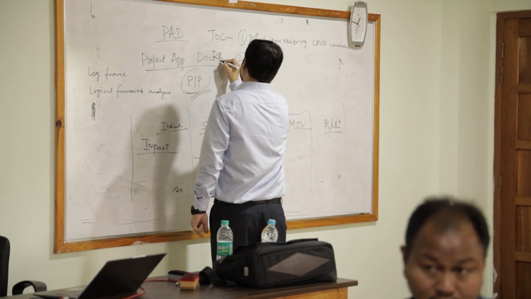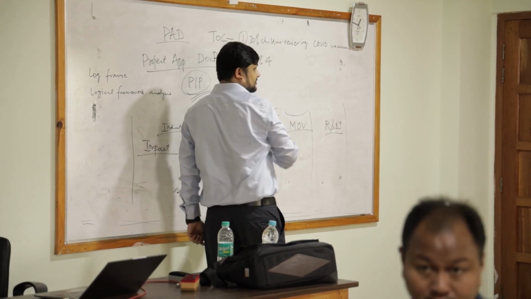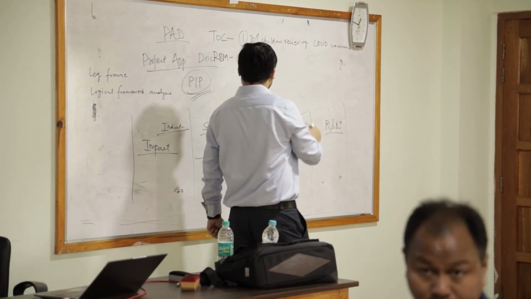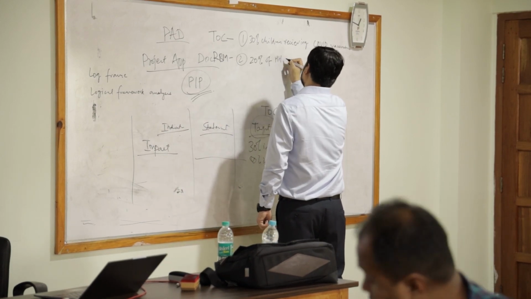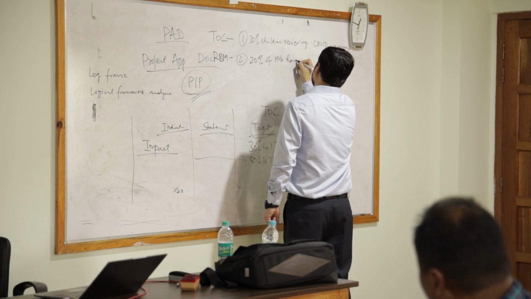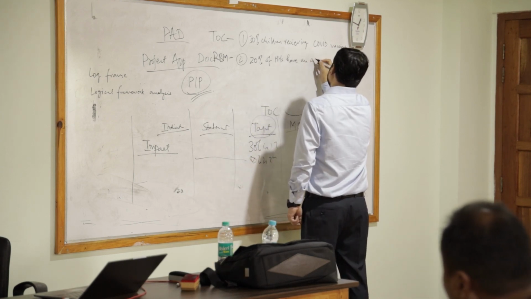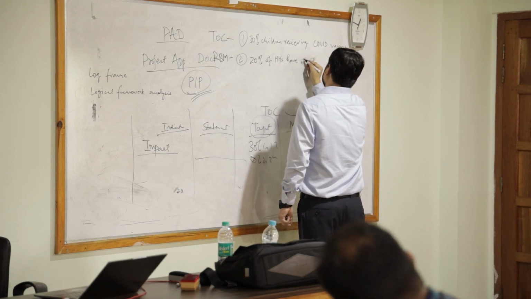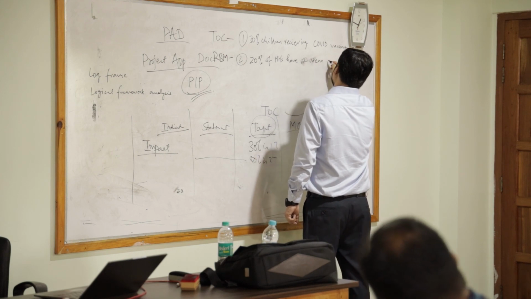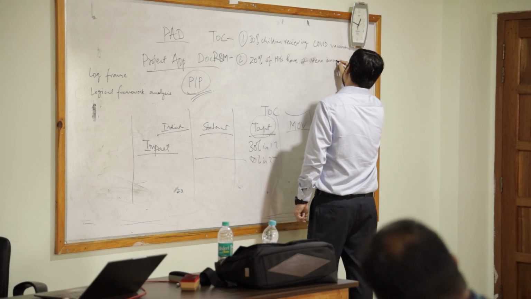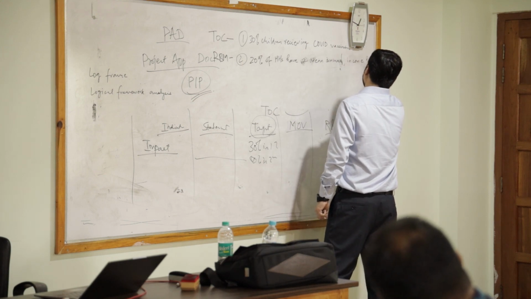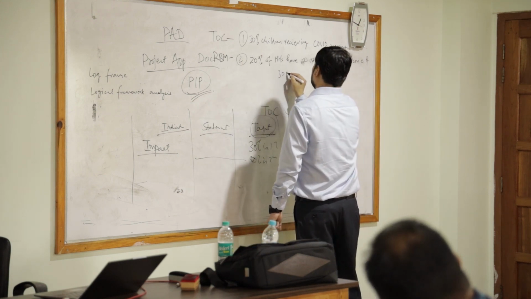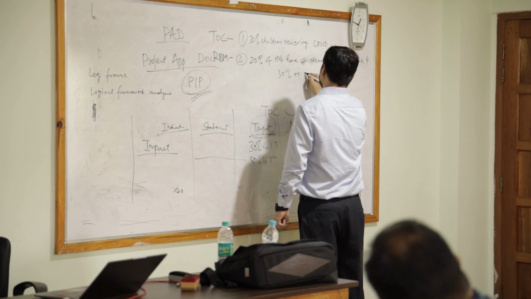Team 2 creates a results framework for this indicator. 20% of the households have a mean annual income of 30% or more.